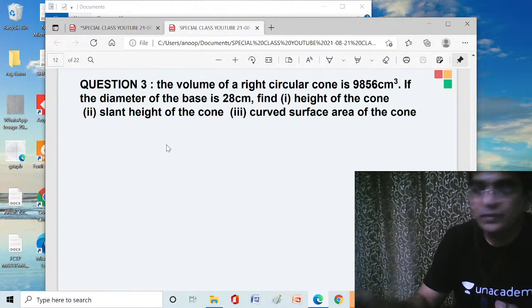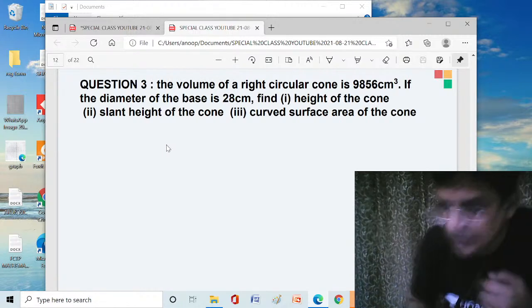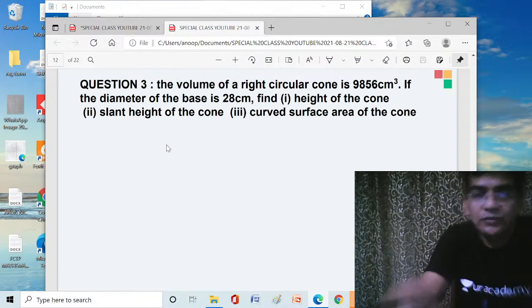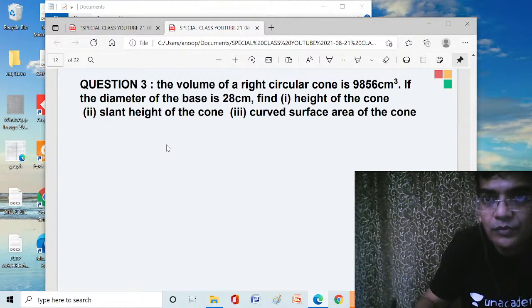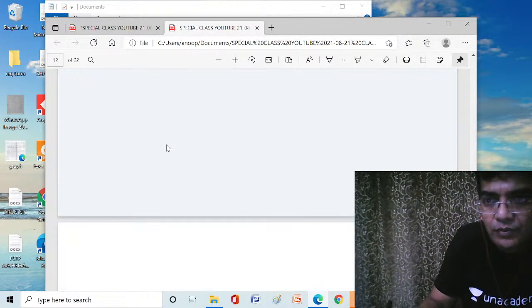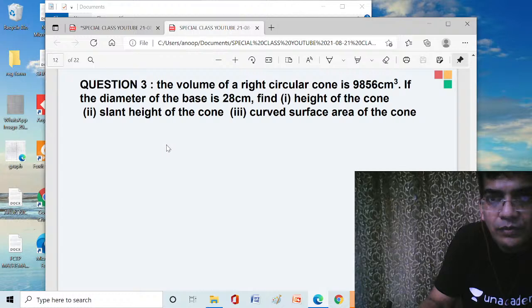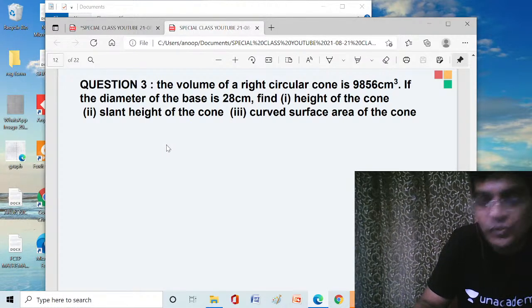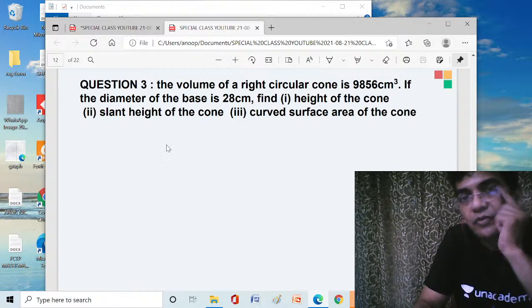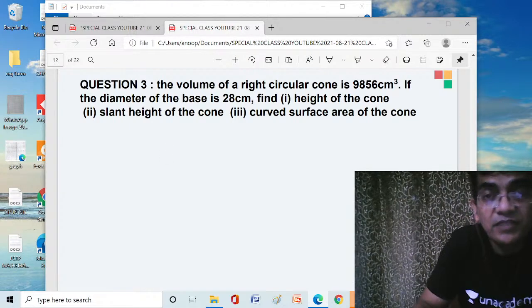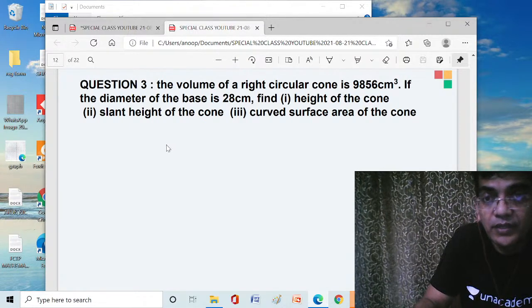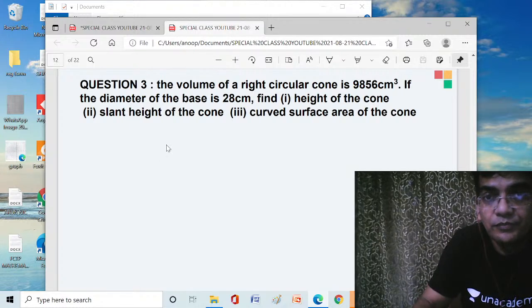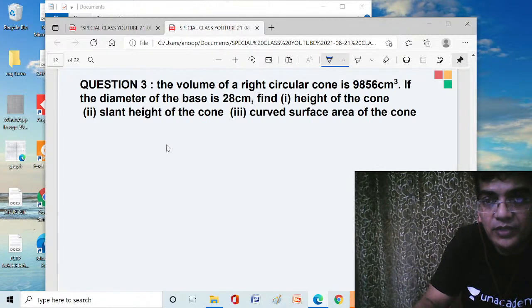Okay, so students, now again I would like to share with you the formula for the volume and surface area of a cone. Okay, now let us consider a cone.